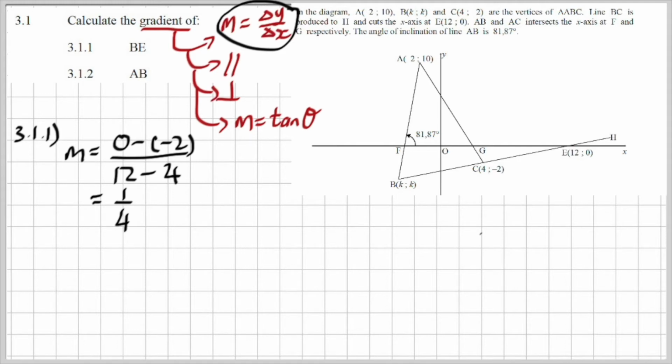Well, is it positive or negative? The gradient is positive 1/4, which means my line must be sloping up. Does that make sense? Yes. Why I'm asking you this is a safety check. That if you got, for instance, negative 1/4, you know you made a mistake.